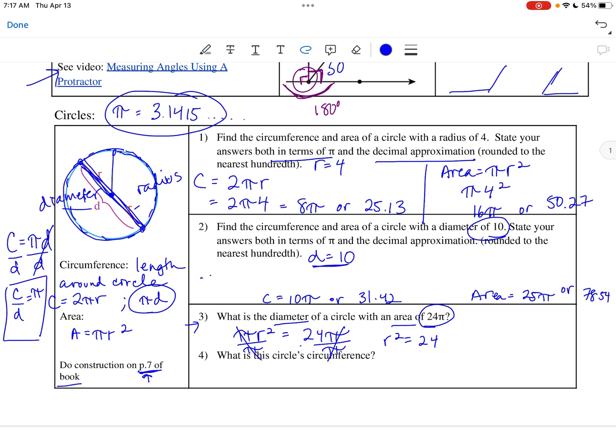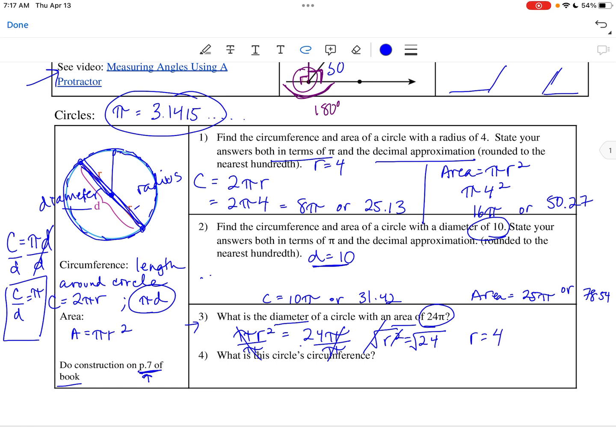The opposite of squaring a number is taking the square root, and we'll go over this in a future lesson a little bit more. But if we take the square root of both sides, we're going to get r equals the square root of 24. We can do that on our calculators. The square root of 25 is 5, exactly.